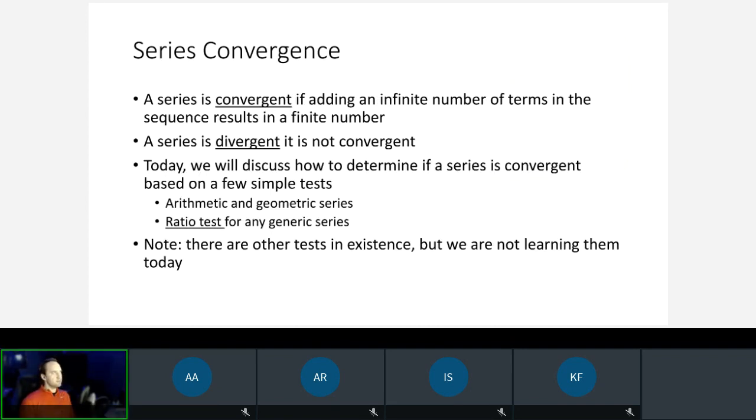All right, series convergence. A series is convergent if adding an infinite number of terms in the sequence results in a finite number. So yesterday we talked about a geometric series and how in certain situations, an infinite geometric series can give us a finite sum.